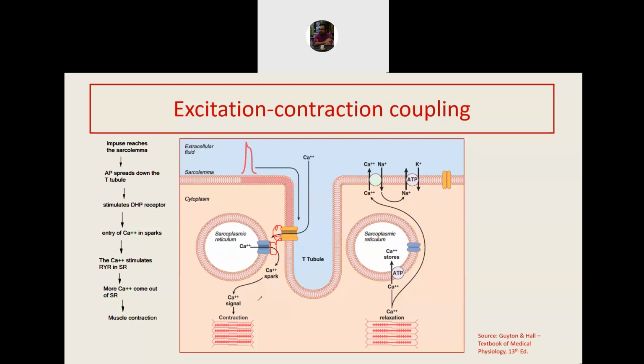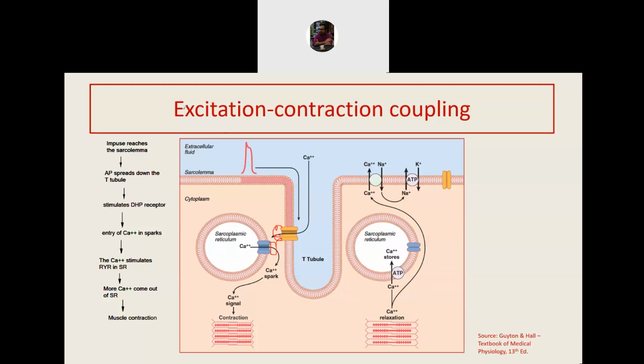So in both cases, you can see it is the DHP receptor that is mediating the coupling between the electrical phenomenon and mechanical phenomenon, finally releasing the coupler, that is calcium. But what is different is that in skeletal muscle, the ryanodine receptor is pulled open by a mechanical force, and so it is called electromechanical coupling.